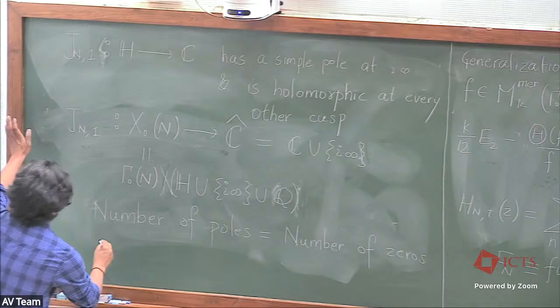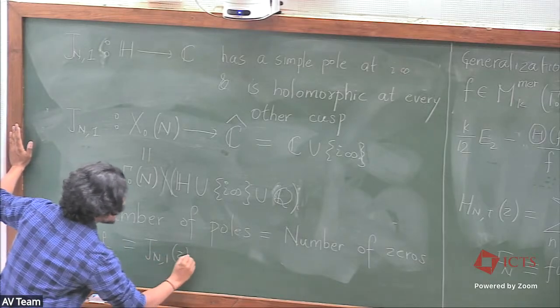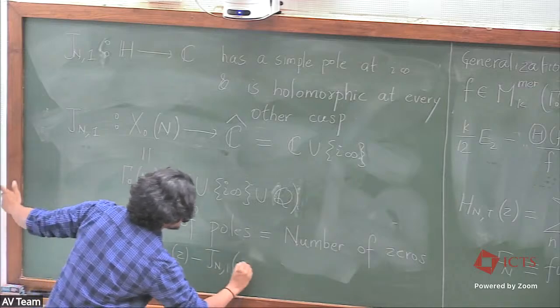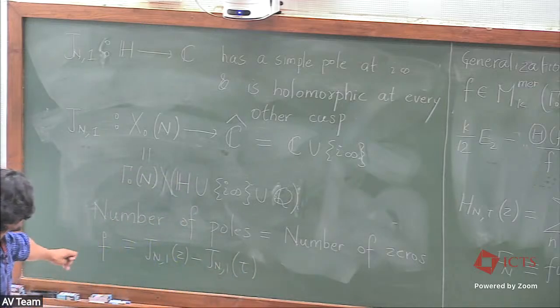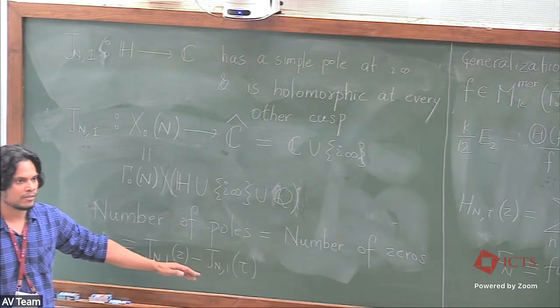And when I apply this to F, this tells me that F has only a simple 0 at z equals tau.